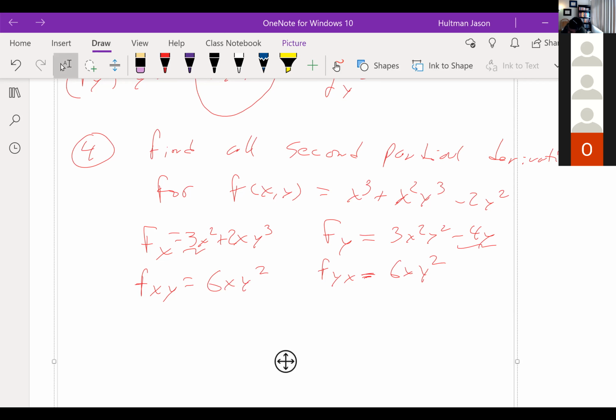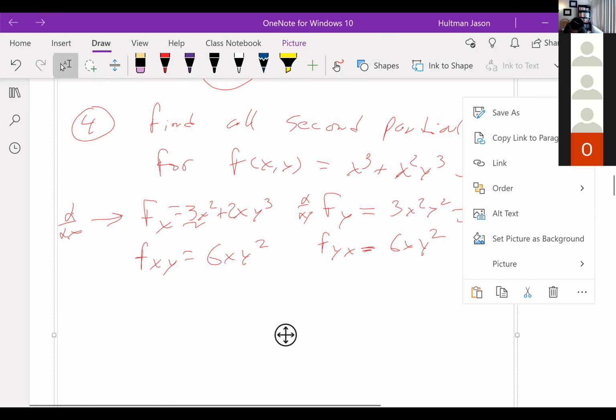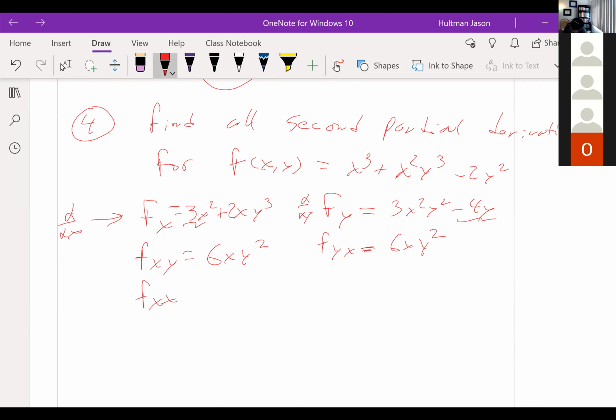Now, it says all 4 of them. This is not all 4. This is the first partials. This is d dx, this is d dy. We need all of them, which means we have to take f sub xx and f sub yy. Make sure that you do this on the exam.